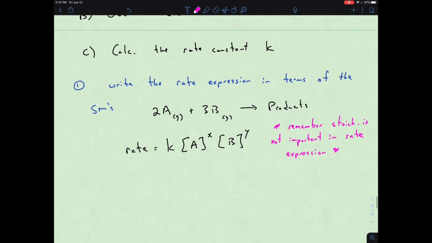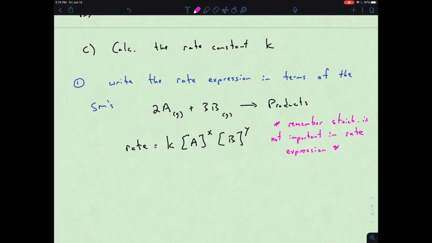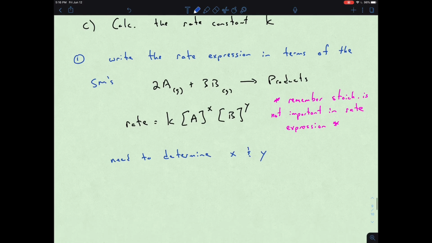So there is our rate expression in terms of A and B as well as x and y. What we need to do in part A is figure out what x and y are.